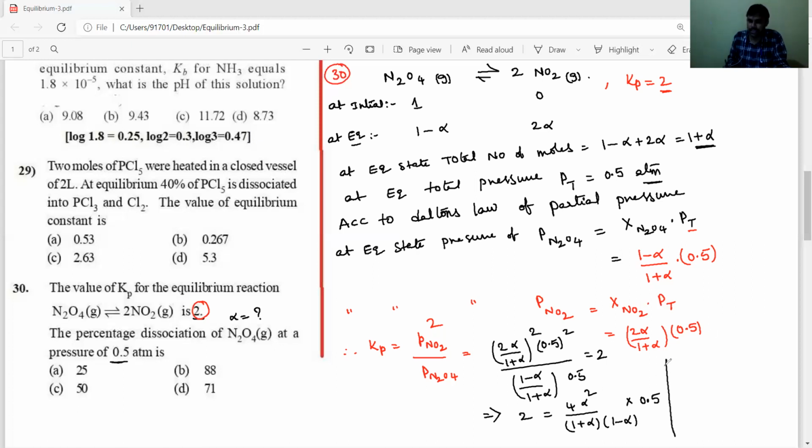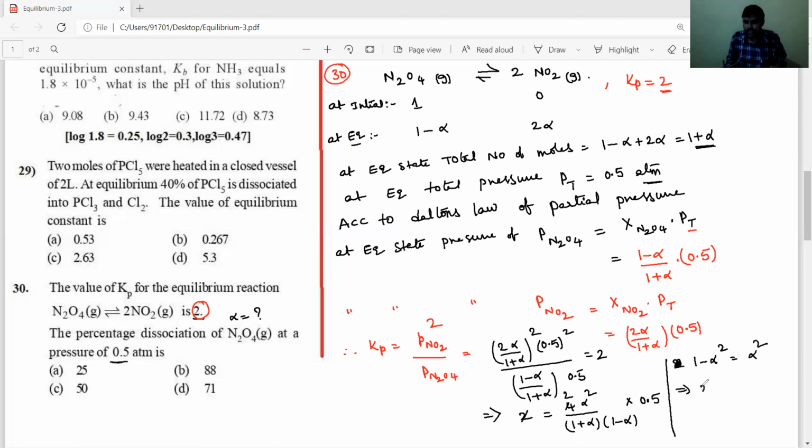On simplification, this 2 will cancel, dear students. Then 1 minus alpha square is equal to 2 into 0.5, which is 1, so this gives alpha square.